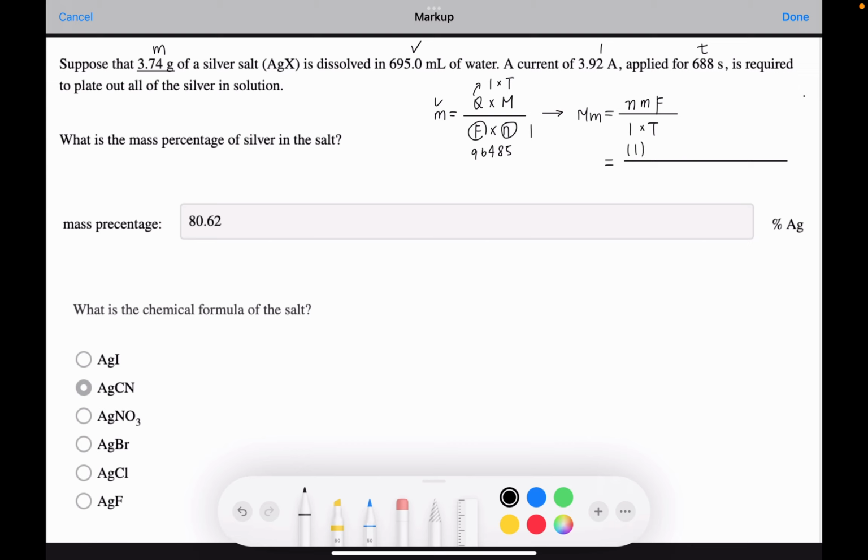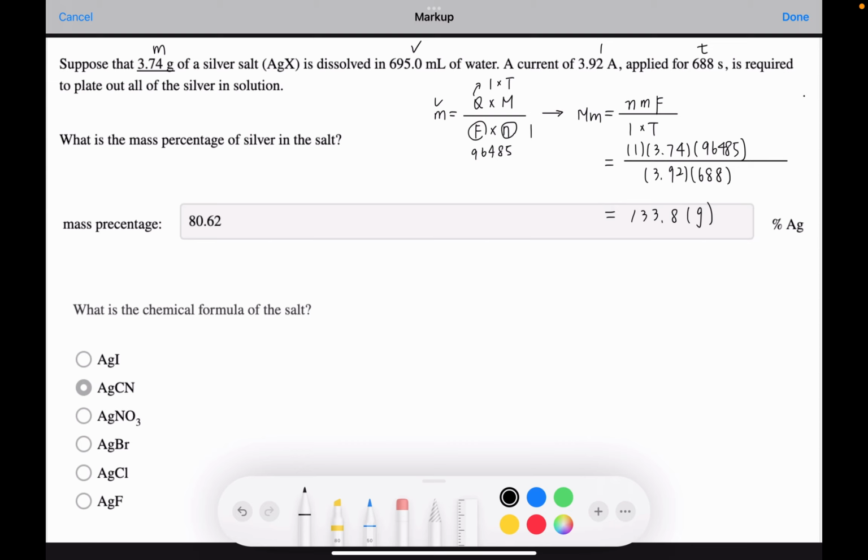That's plugging numbers: 1 times the mass given, 3.74, times Faraday's constant 96485, divided by 3.92 times 688, and what we got is 133.8 grams. Alright, so this is the molar mass calculated.